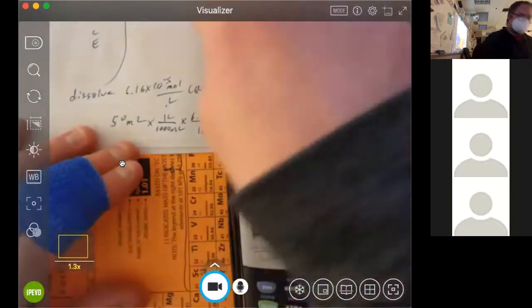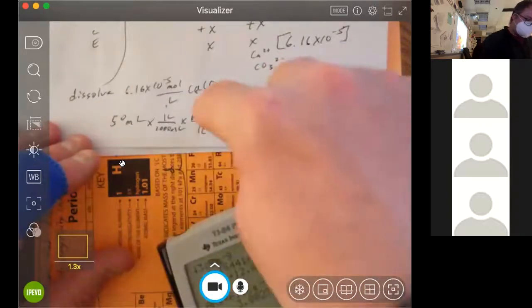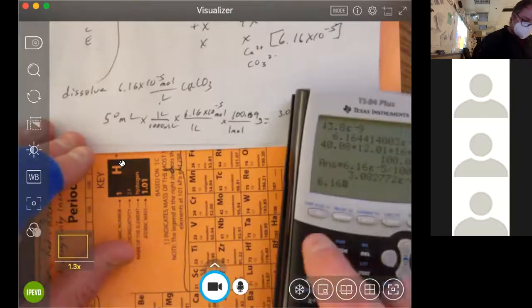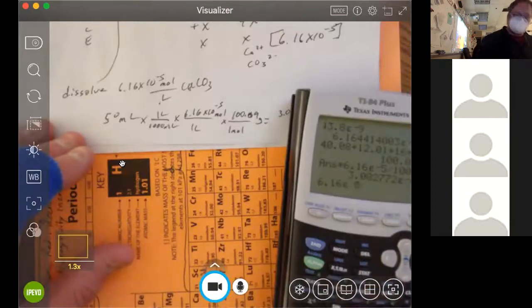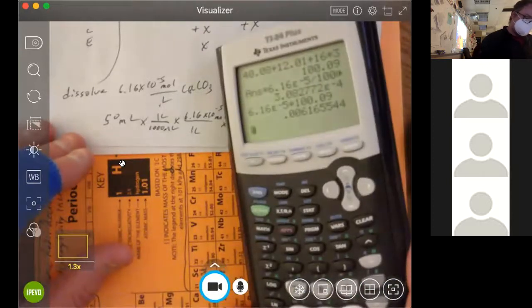Now, if we were to just answer their question, we would have taken this 6.16 times 10 to the negative fifth, then multiplied that by 100.09. That would be 0.00616.